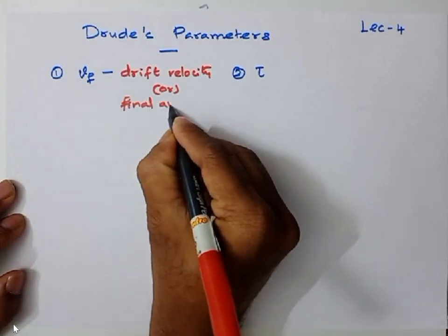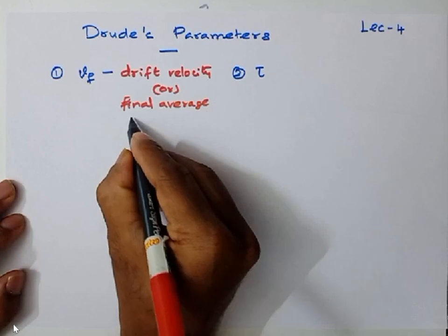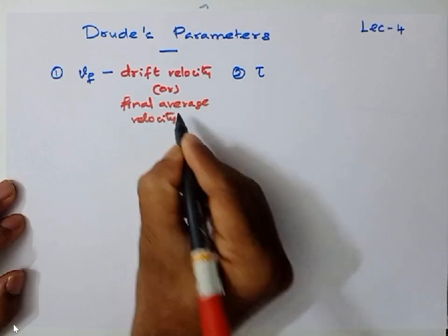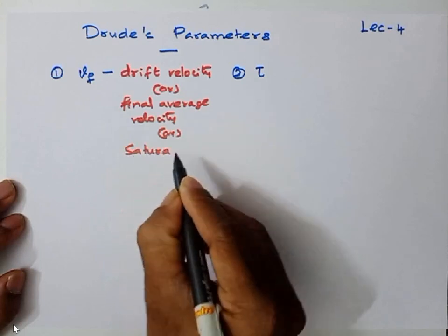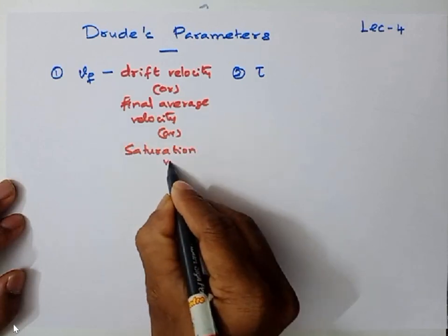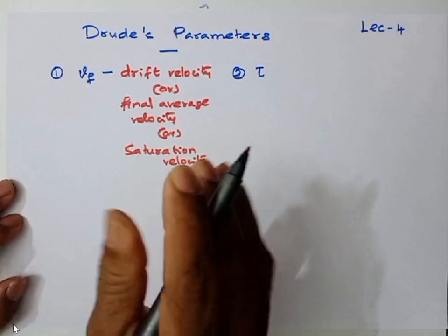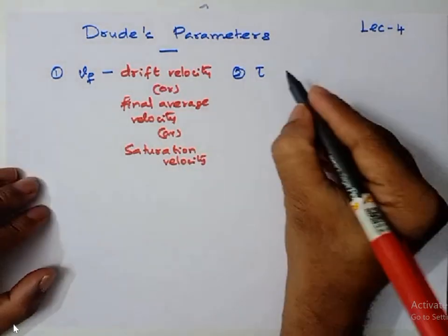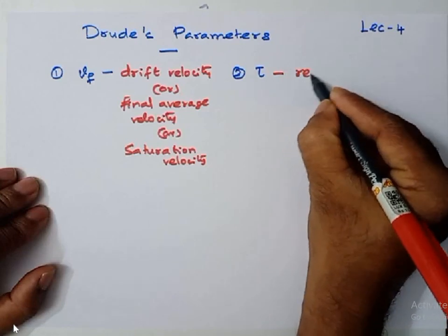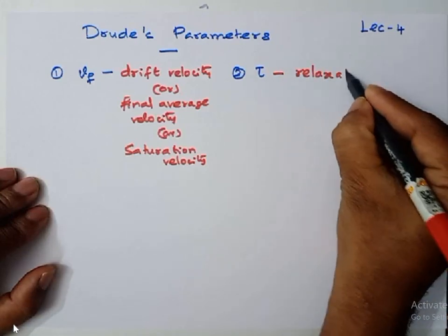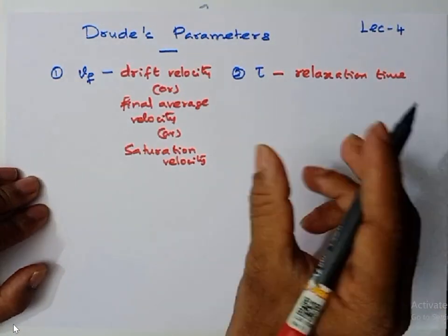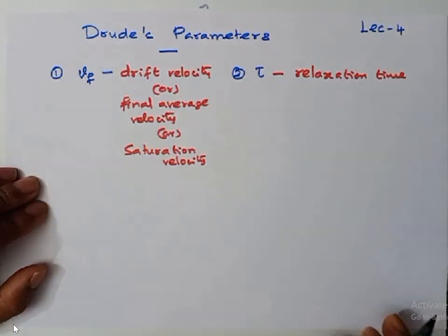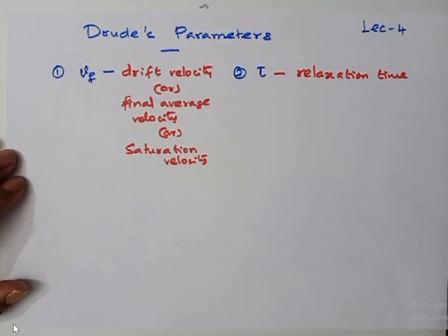It is also sometimes called the saturation velocity of the electron under the electric field strength epsilon. And what is tau? Tau is nothing but the relaxation time of the electron, also called the mean time between two successive collisions. Clear?